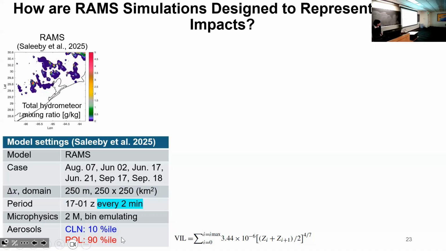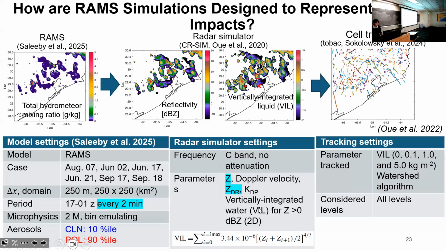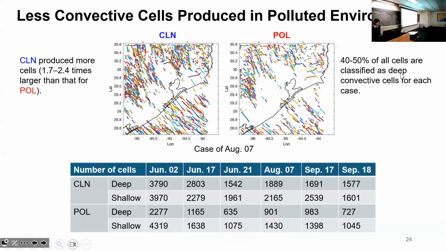Once we got the output from RAMS, I applied the radar simulator to simulate the radar reflectivity and other polarimetric radar parameters. And the radar reflectivity is converted to two-dimensional variables, vertically integrated liquid here. Using these 2D variables, I applied cell tracking to collect the individual convective cells. This is an example of the result from one convective case.